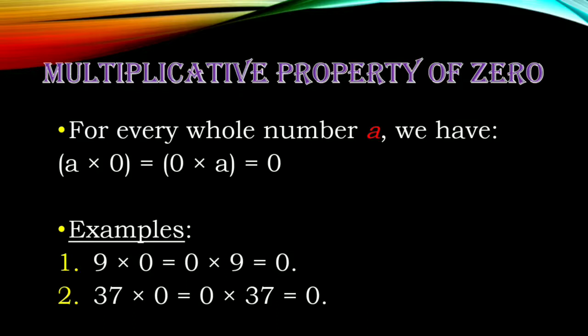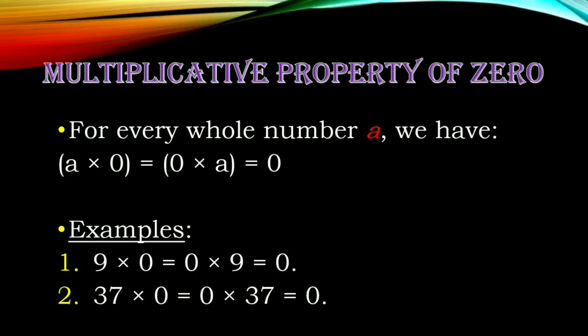If we multiply 9 by 0, we get the product 0. Again, if we multiply 0 by 9, we get the product 0. Similarly, if we multiply 37 by 0, we get the product 0. And if we multiply 0 by 37, we get the product 0.